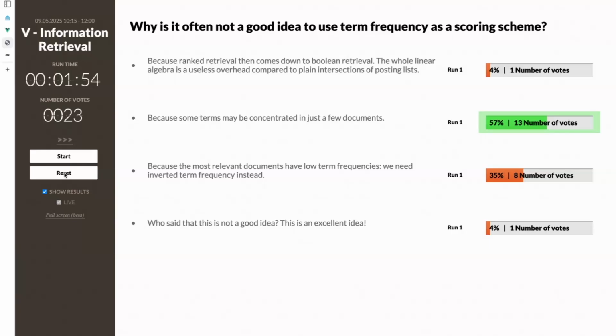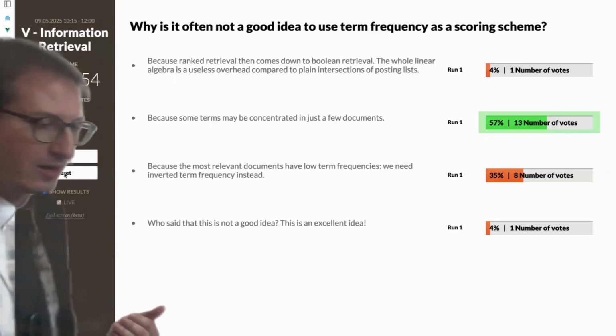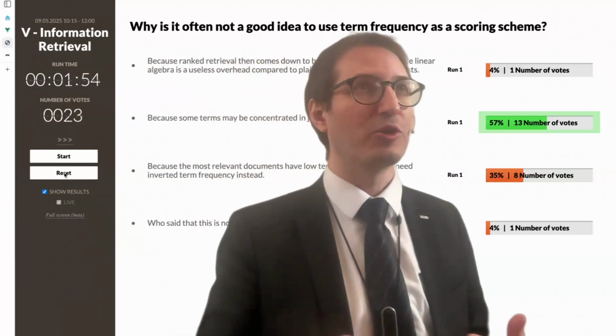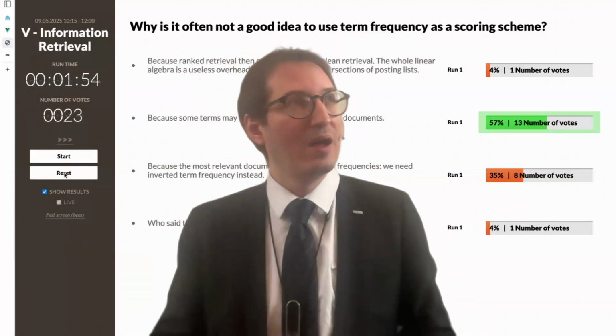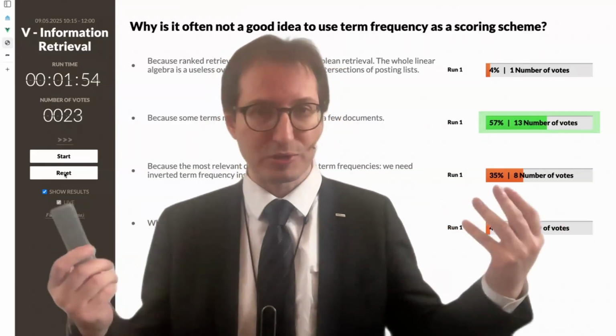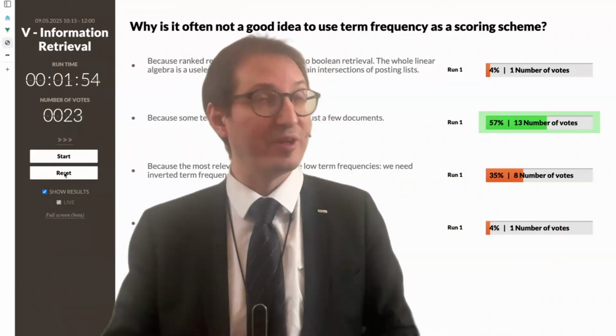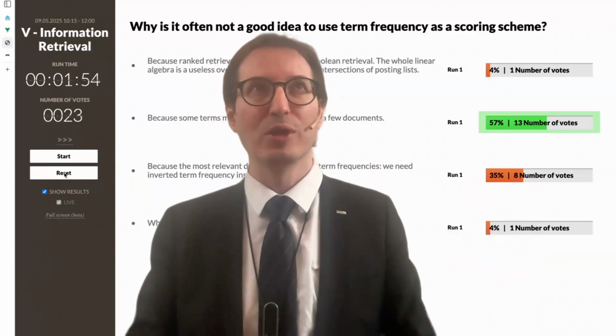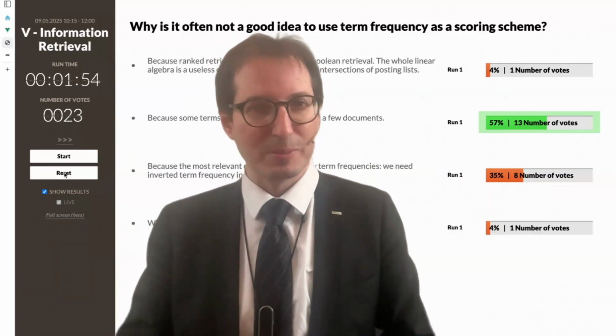So indeed, the reason why we do multiply with the IDF in general is that otherwise we wouldn't account for how rare a term is. So it might be that some terms are only used in very specific documents, specialized documents, whereas other terms are very frequent. And the stop words, for example, would have a very high document frequency and thus a very low inverted document frequency.